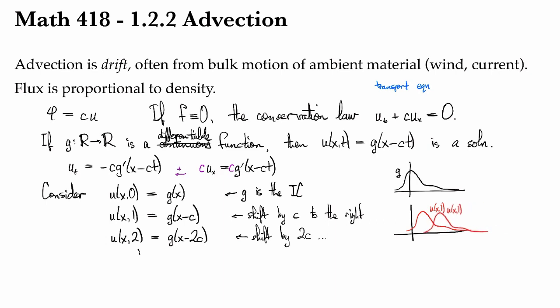And then at some other time later on, we'll have something that looks like this one over here, and so on and so forth. So you can see that it is a rightward traveling wave that's moving at speed c.